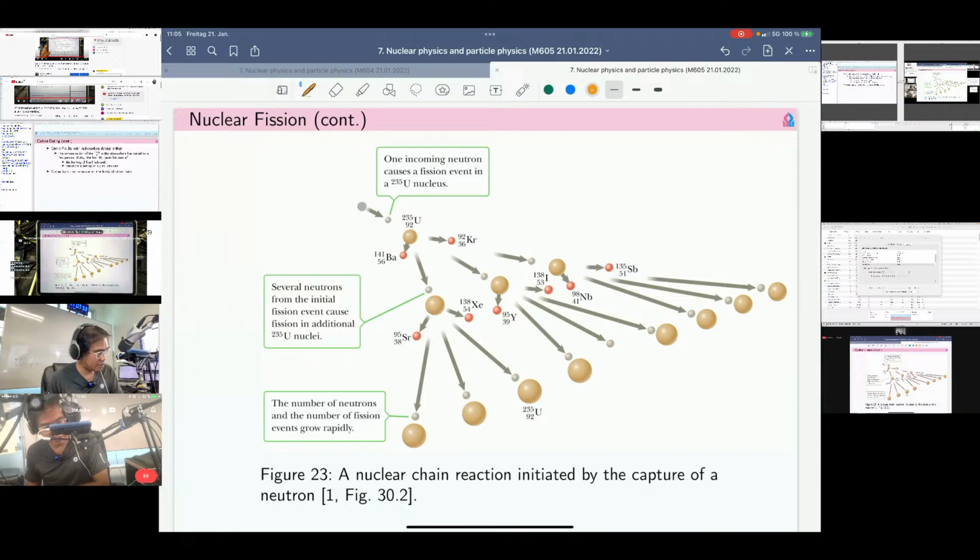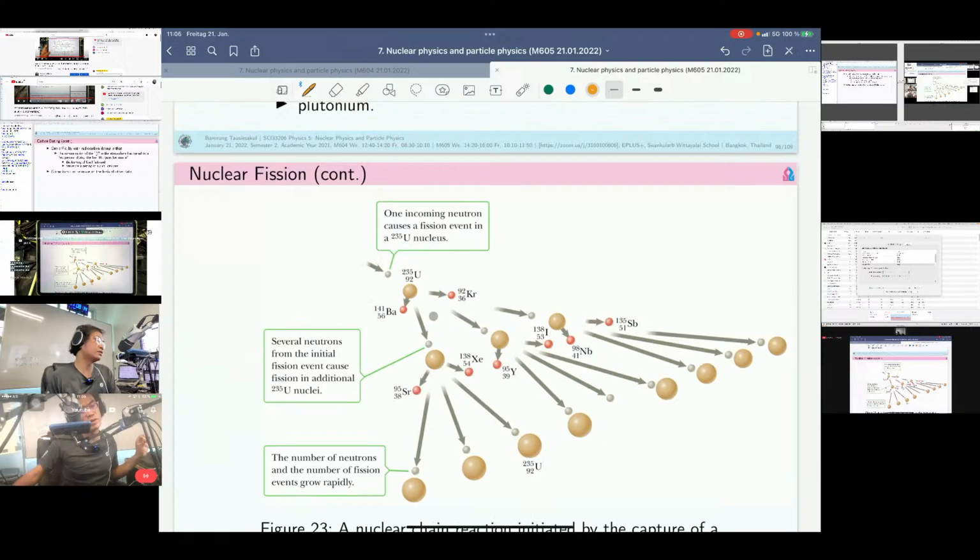And after that, a few neutrons emerge. From the measurement, they say that in a statistical way there are approximately 2.5 neutrons per process. That's the average value, okay?